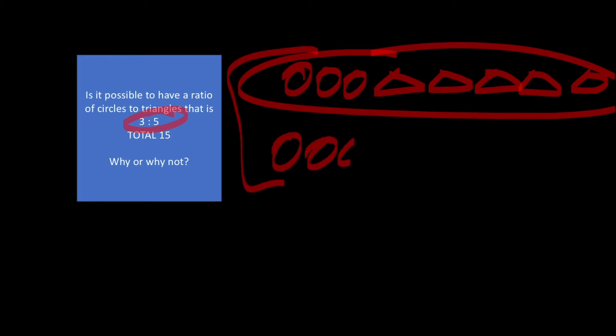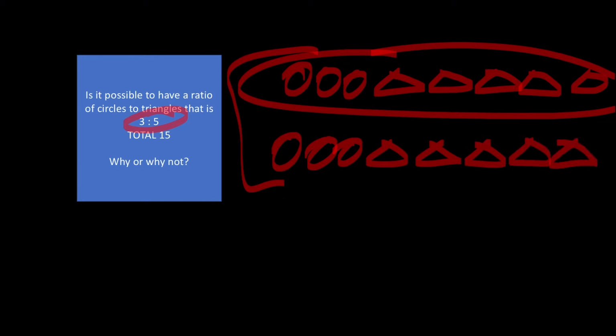So, I'm hoping that you realize that if I have a 3 to 5 ratio, that means 3, 4, 5, I have 8 in one group. So the next possible grouping total altogether would be 16. So that would be a no. I cannot have a total of 15 there.